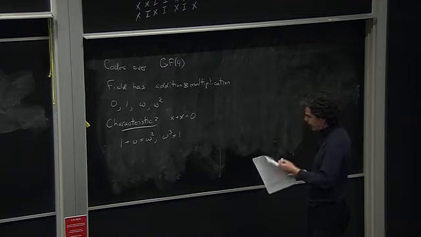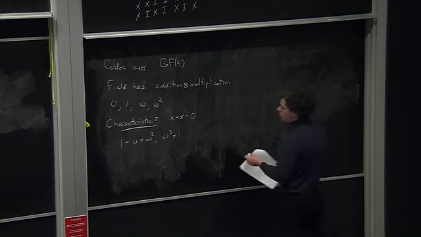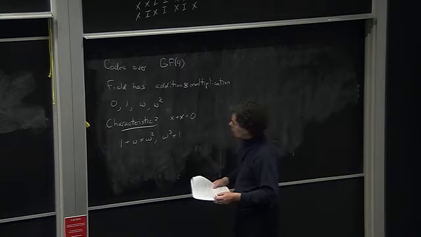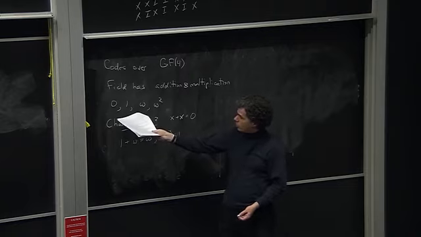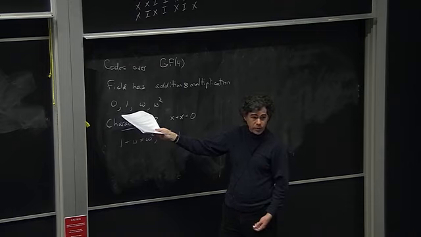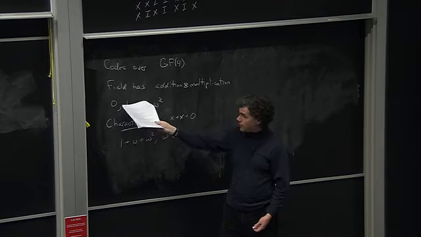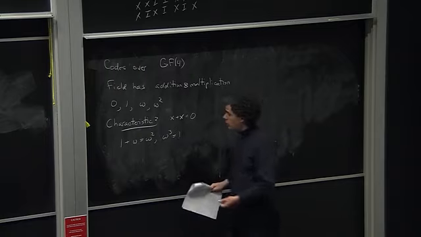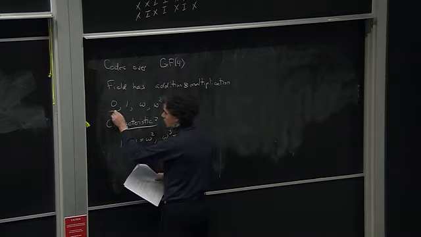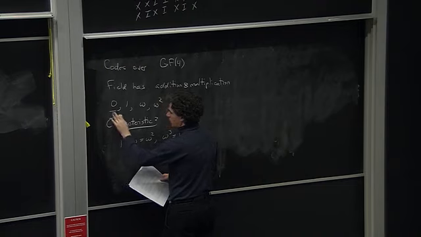And so we can relate this to stabilizer codes by mapping these 4 elements to the Paulis. So in particular, maybe I should write this separately.